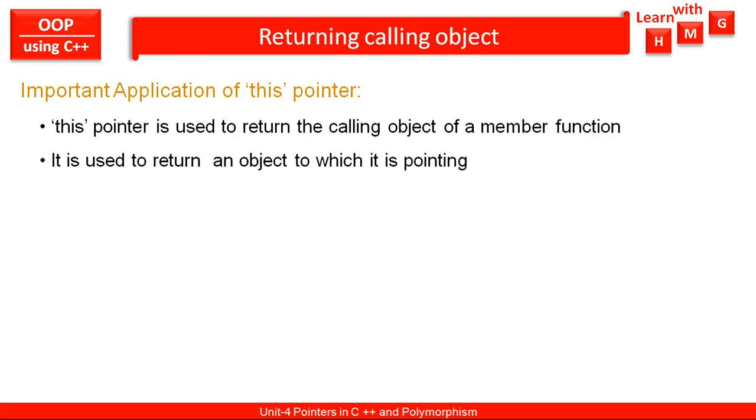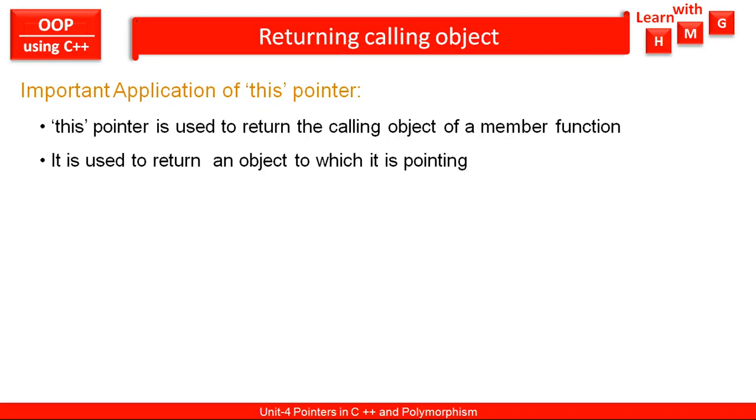Let us understand in detail. It is used to return the object to which it is pointing. Just in the beginning, in the introduction of this pointer, we have seen that this pointer is always pointing to the calling object, and like this, the member function will return an object, that is this pointer which is pointing to the calling object.